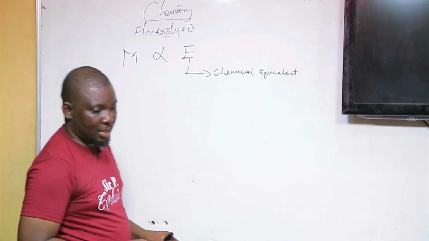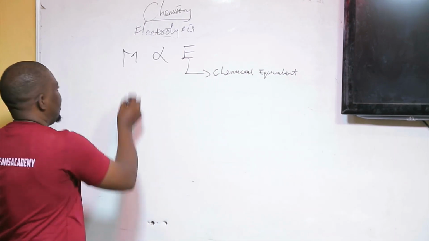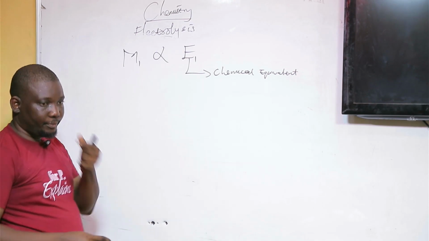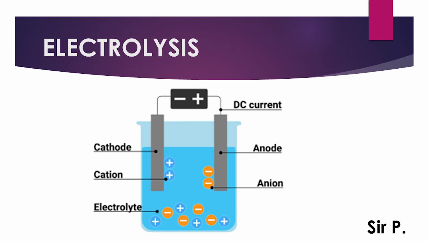Since there are two masses of substance, because this is going to be two electrolytes, this can be M1 proportional to E1. When you take off the proportionality, you're going to have M1 over E1 equals a constant.